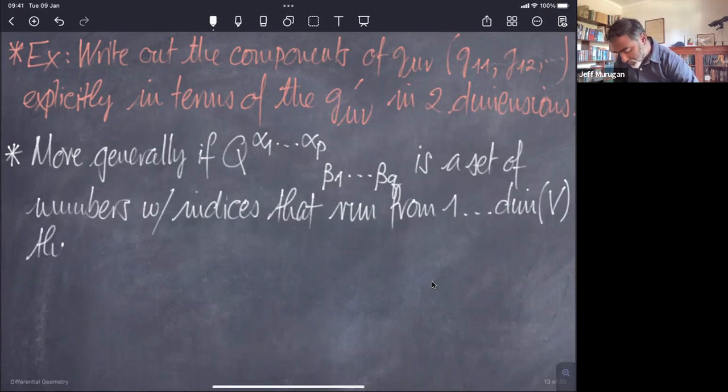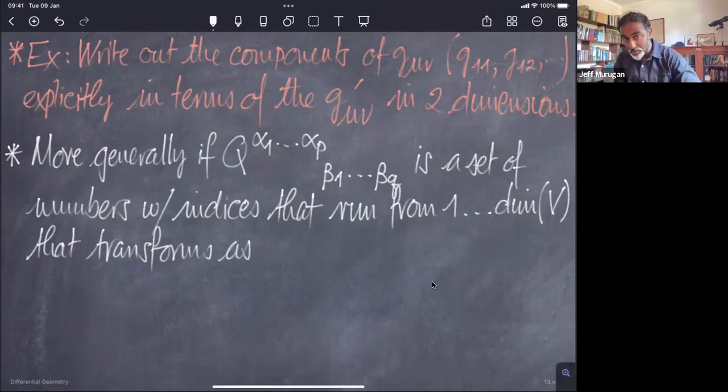And this thing transforms in the following way under the change of basis that we usually talk about.